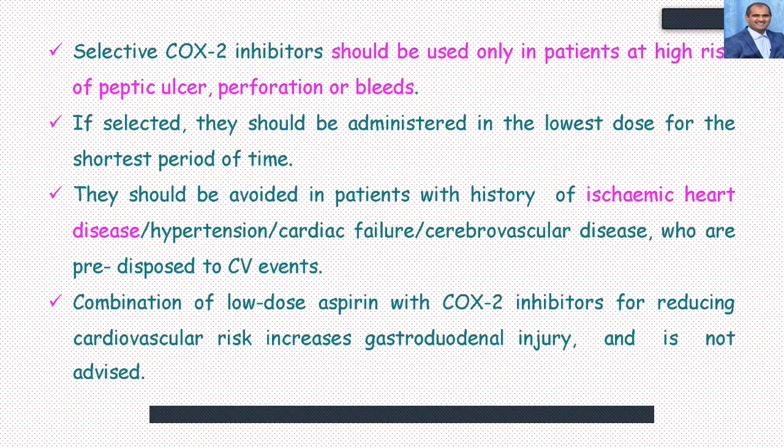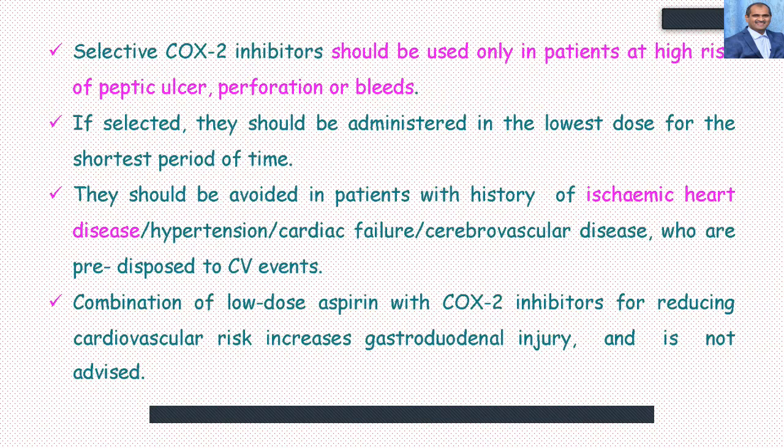If selected, they should be administered in a lower dose or for the shortest period of time. Generally we think COX-2 inhibitors are safe, but not like that. They are going to cause other organ injury apart from the GI tract, maybe liver injury, kidney injury, or injury to the cardiac tissue, that is cardiotoxicity.